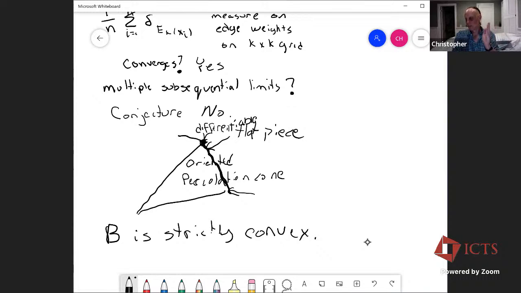So that will give you two different measures. And that's because if I know the environment in a large enough box, then I can deduce from that what the geodesic has to be. And if the geodesic really is going back and forth, then this is going to give me multiple subsequential limits.